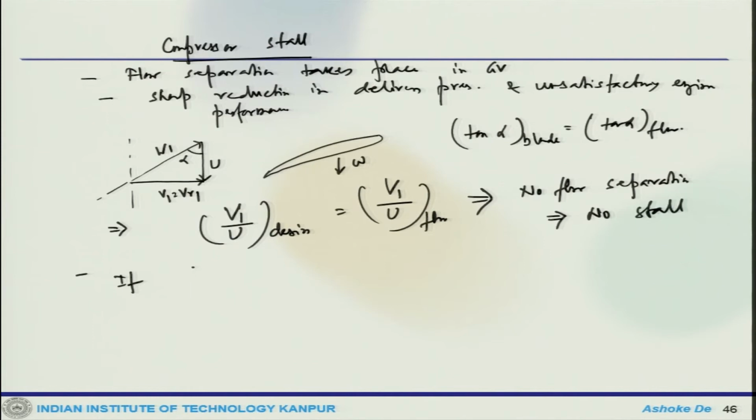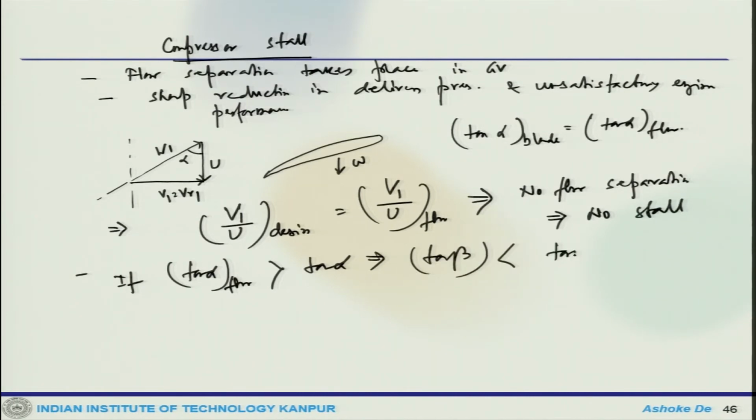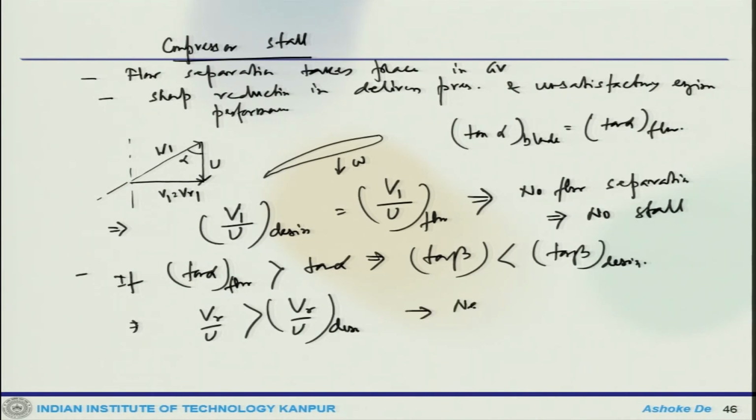If tan alpha of the flow is greater than tan alpha of design, which means tan beta is less than tan beta of design, which means VR by u is greater than VR by u design, this is known as negative incidence flow separation.